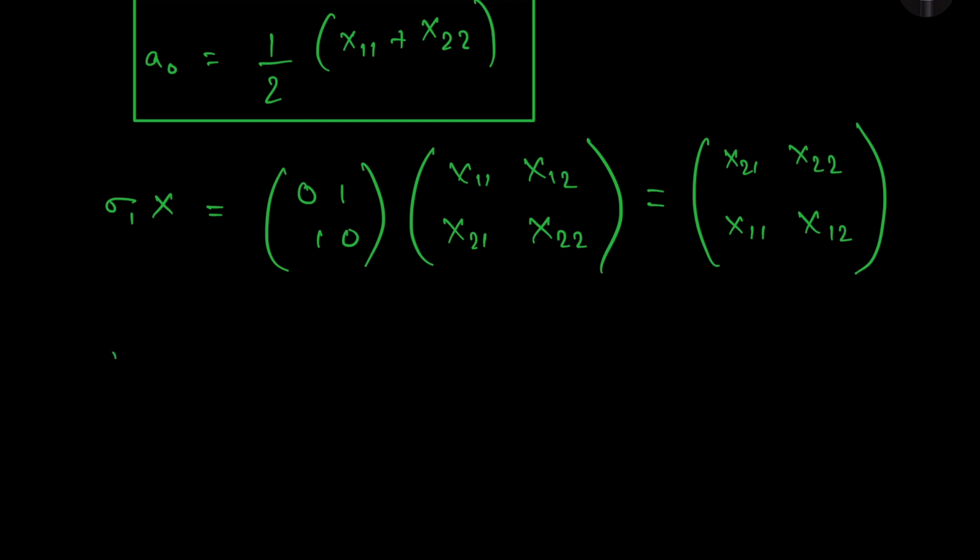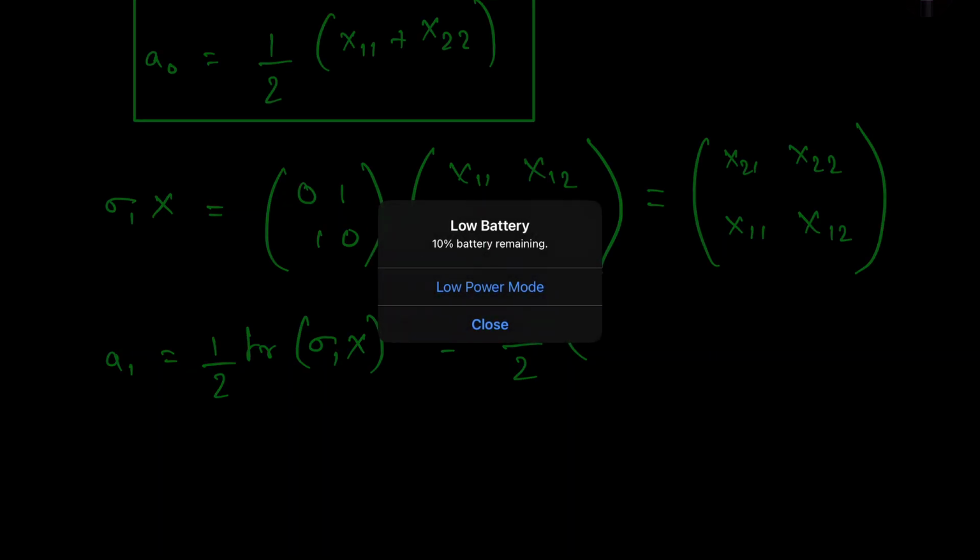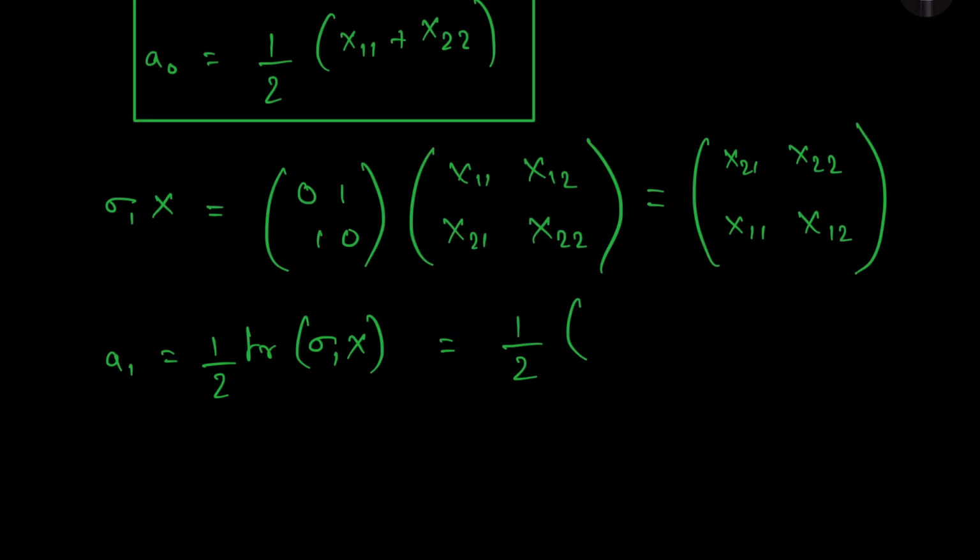So we get a1 as half of the trace of sigma 1 X as we discussed before. So the trace of this matrix would be half of X12 plus X21.